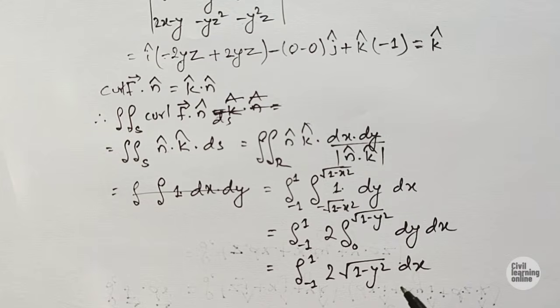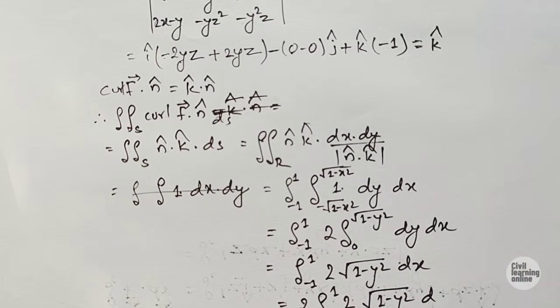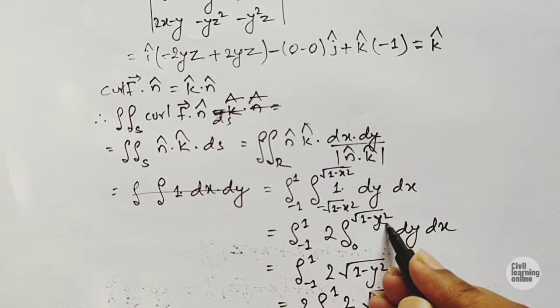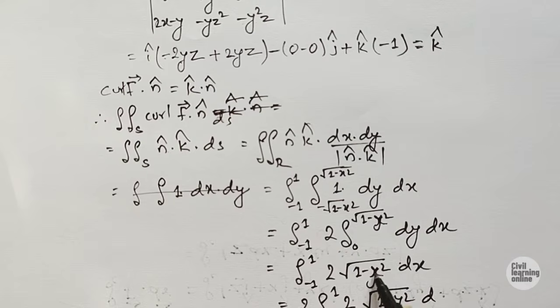Now again we can rewrite this as twice the integration from 0 to 1, and 2 as it is, of root under 1 minus x square dx. Sorry, the limit here is x square, so it will be x square dx.